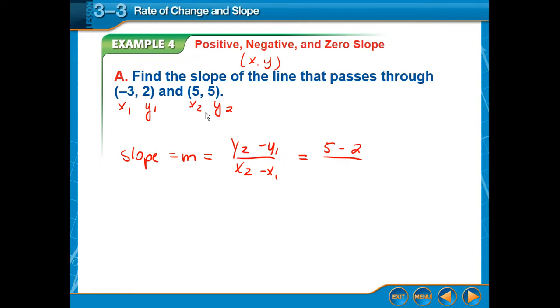And x2 is 5, and x1 is -3, so minus a -3. Simplifying, 5 minus 2 is 3, and 5 minus a negative becomes plus, so 5 plus 3 is 8. So my slope, m, is 3/8 for this one.